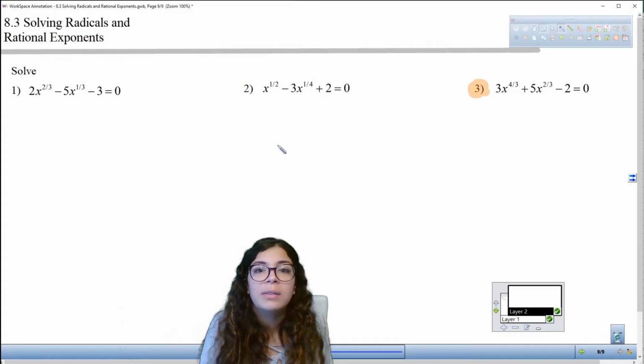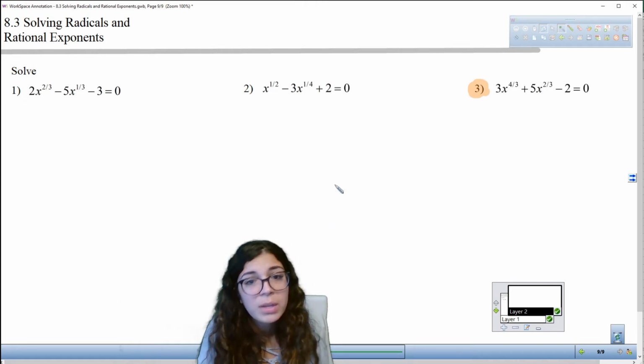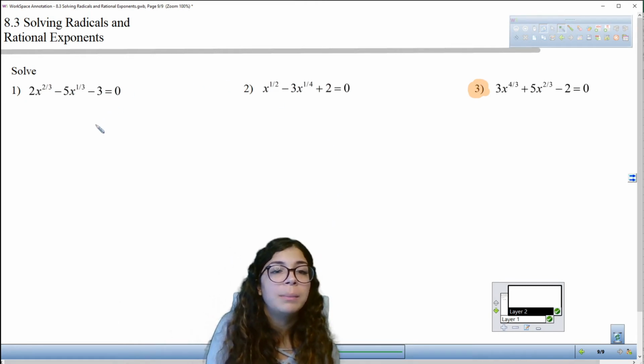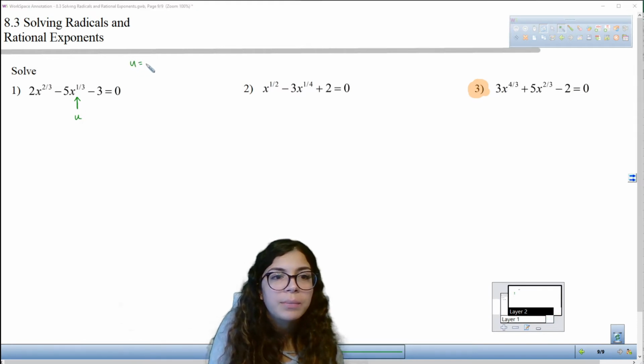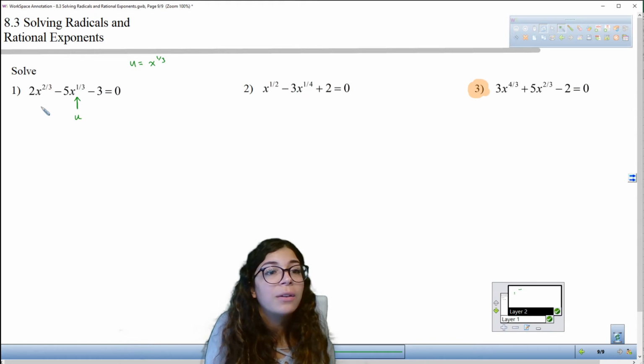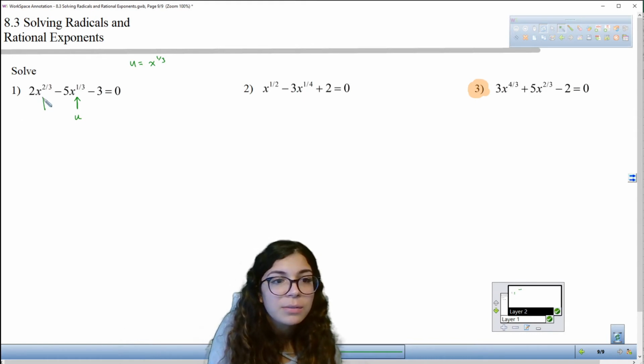Now, again, the idea with these is the same as the other one. You're going to find some u, and that u will be what's in the middle. U is x to the power of 1/3. Now, in the front, we have this variable, and that's actually u squared.